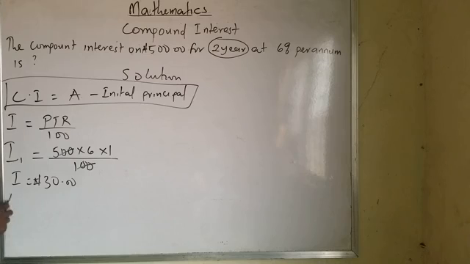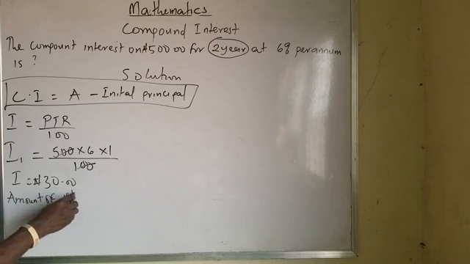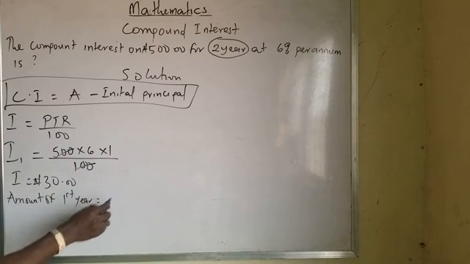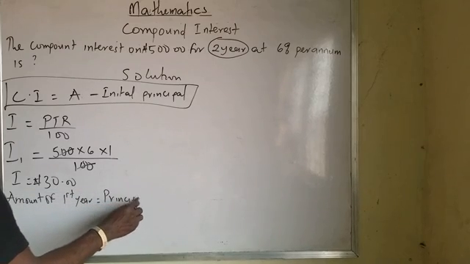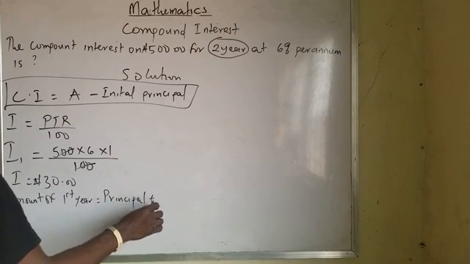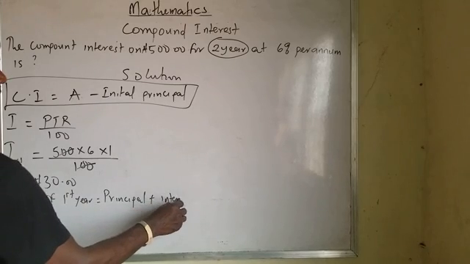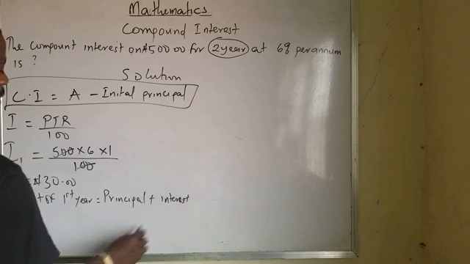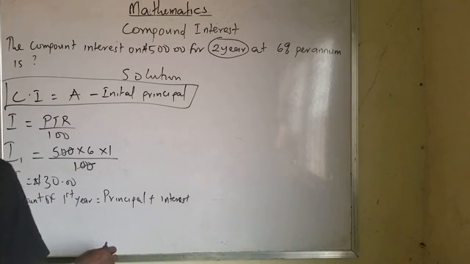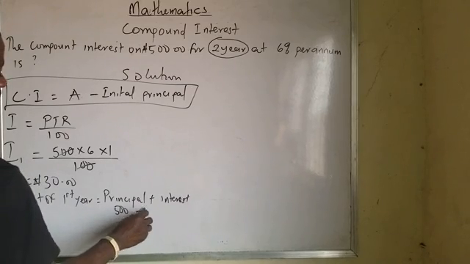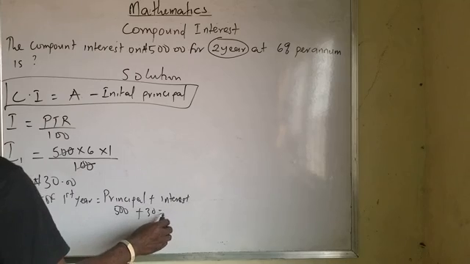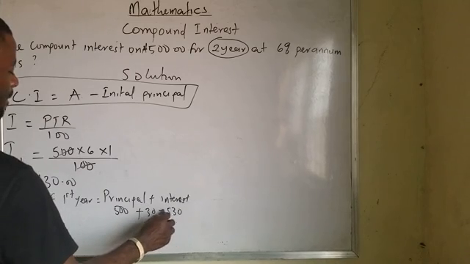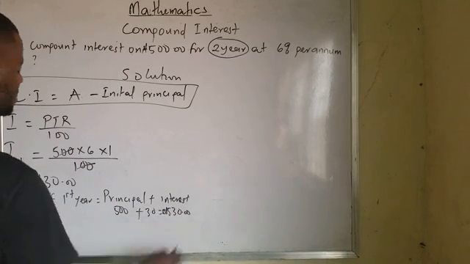Now, I will say that amount of first year will be equal to principal plus interest, which is 500 naira plus the interest 30 naira, which is 530 naira.